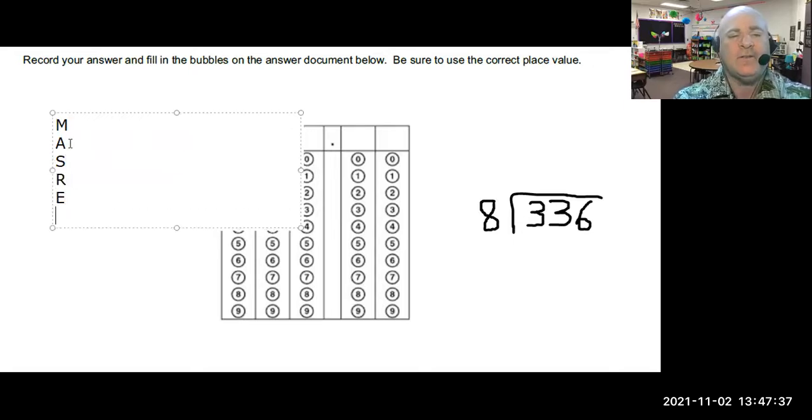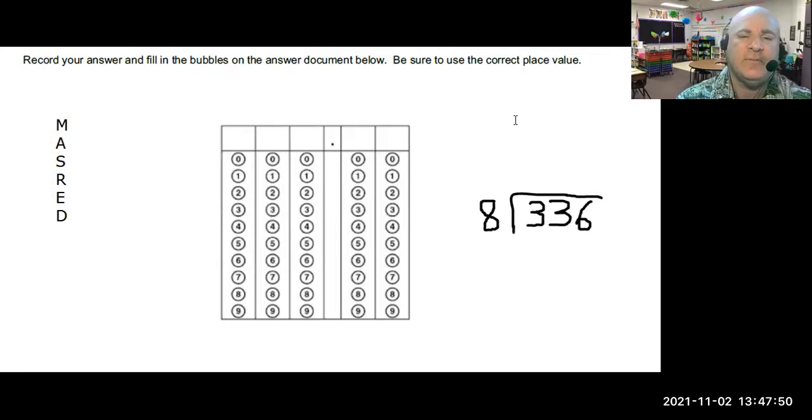Okay. Now there's lots of ways that teachers have come up with strategies to do division, but this is the one that I feel has worked the best for me and my students. Okay. So what you have to do is, as you do each step, ma's red because I keep failing division.